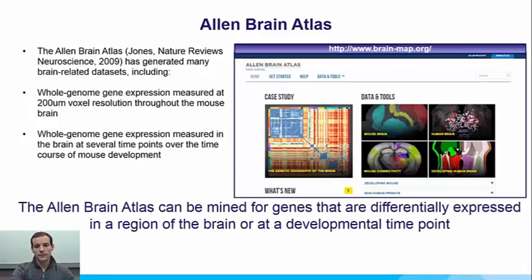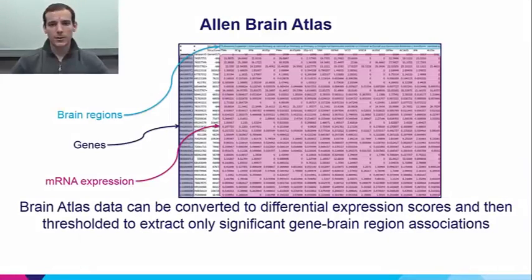So this resource can be useful for mining for genes that are differentially expressed in a region of the brain or at a developmental time point for the time series data. This next slide is showing what the data looks like. Again, we have essentially just a gene expression matrix like we've seen before.